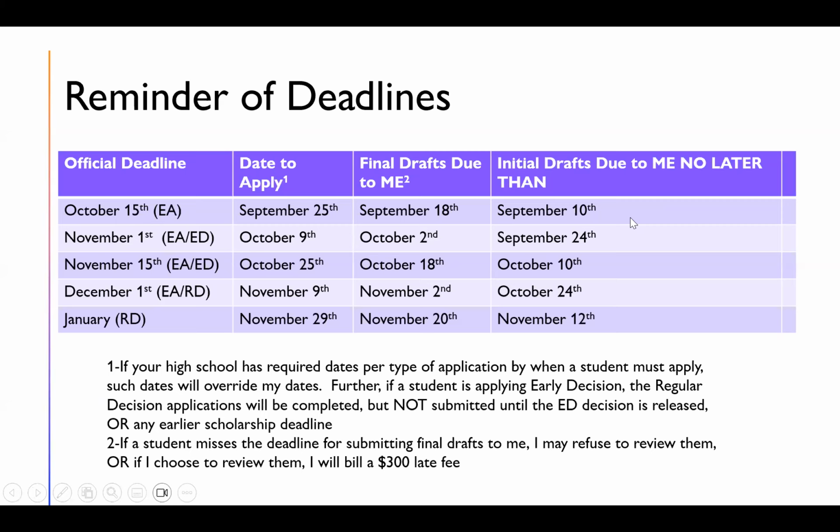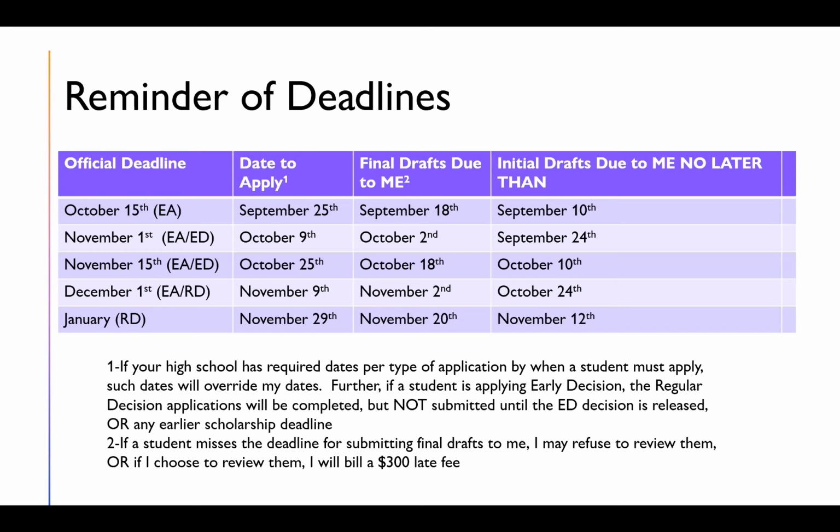So most importantly, schools that have an October 15th deadline, that's their official deadline. Schools that meet that characteristic are South Carolina, North Carolina, Clemson, University of Georgia. I know there's others. I'm blanking on them at the top of the moment, but those schools have an official deadline of October 15th.